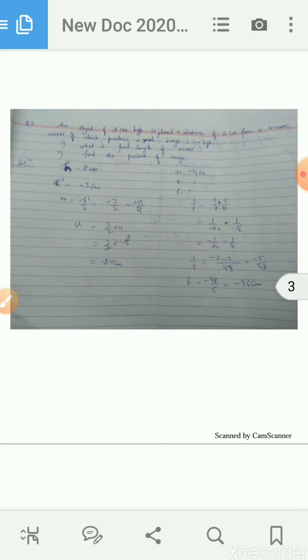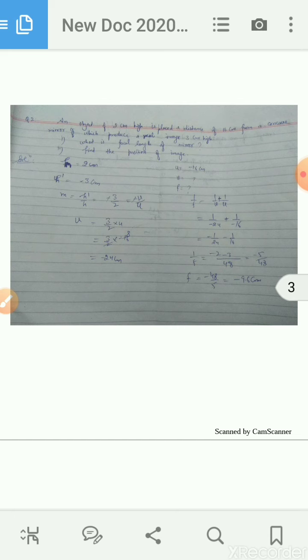It produces a real image of 3 cm, that means image height is given as minus 3 cm, since it is real. What is the focal length? And find the position of the image, that is, we have to find f and v.